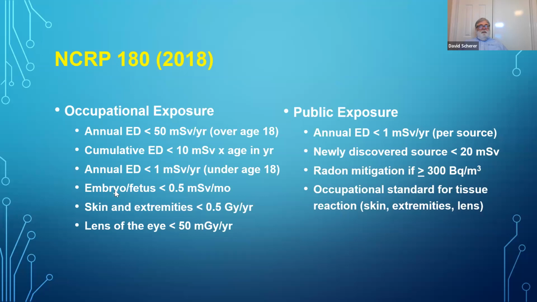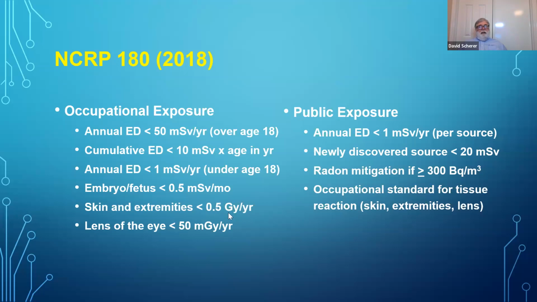Exposure to the embryo or fetus for pregnant workers is limited to 0.5 millisieverts per month throughout the gestational period. And dose to the skin or extremities is 0.5 gray per year. Now, I'll make note that they say this is in gray. This is not sieverts. That's because we're talking about stochastic risk.